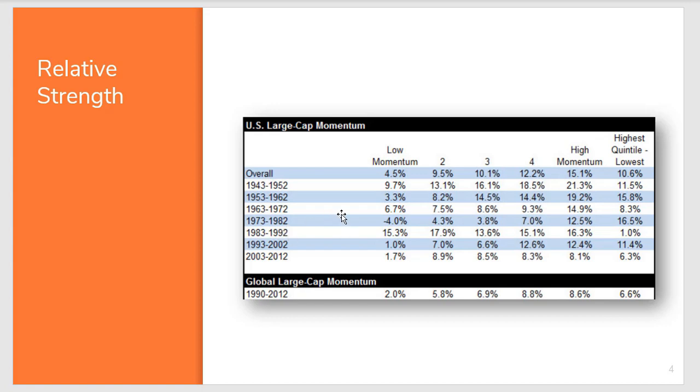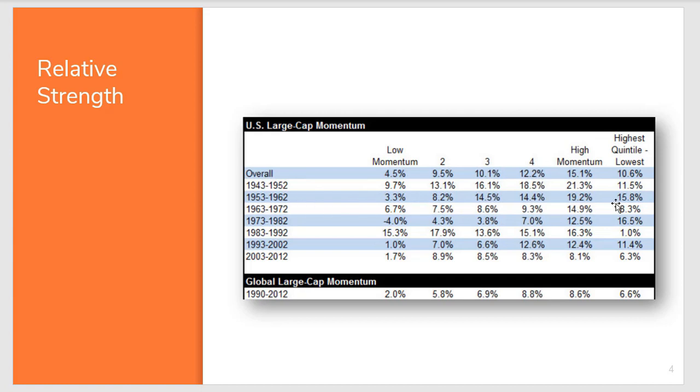So what you can see here is that from 1943 to 1952, the low momentum stock went up 9.7% per year over a 10-year period. If you had chosen the high momentum stock, they would have gone up 21.3% per year, meaning that you would have made a difference of an extra 11.5% per year over these 10 years.